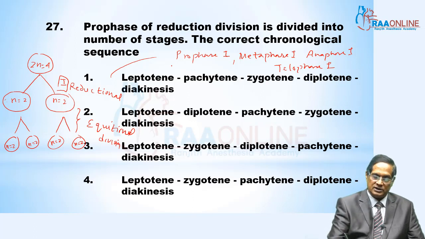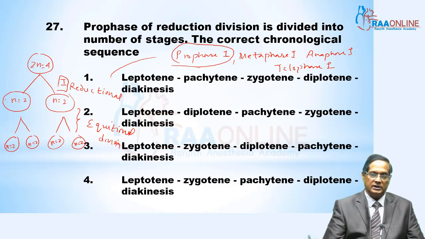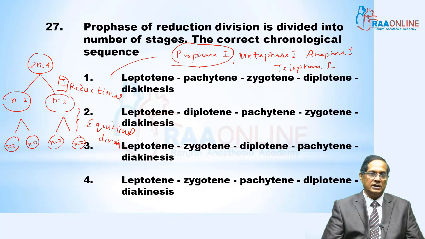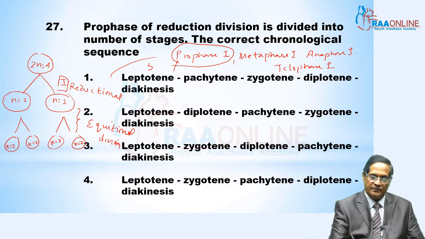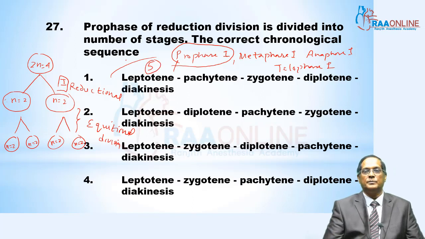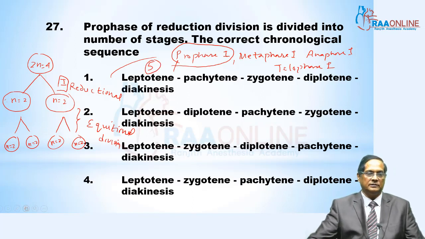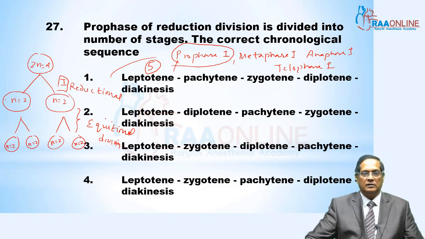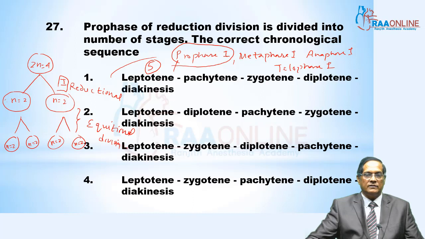Prophase 1 is long and eventful. It can't be seen in other types of cell division. Prophase 1 comprises 5 phases in an orderly manner.